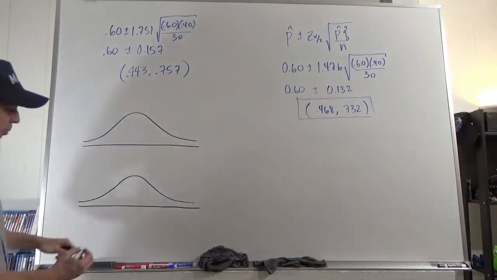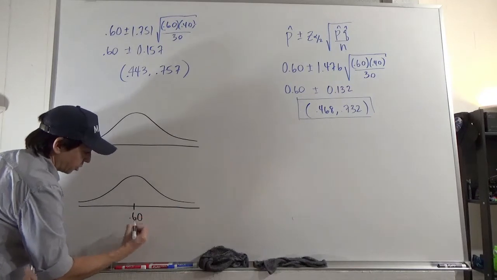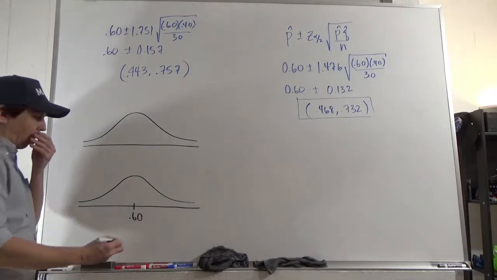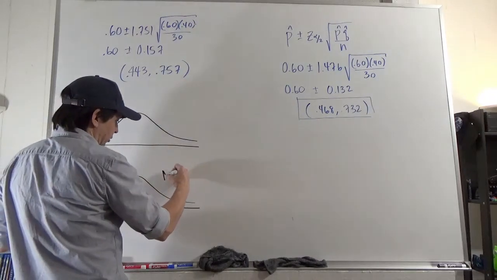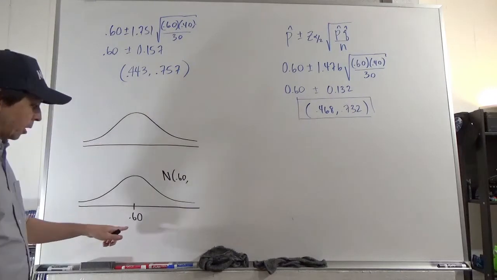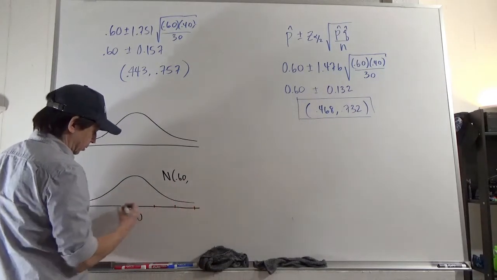And the one on the bottom is going to be the probabilities associated with our actual data. 0.60 is our point estimate. This is normal, centered at 0.60.